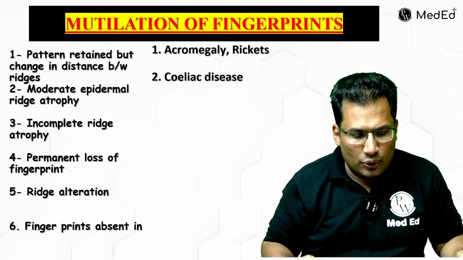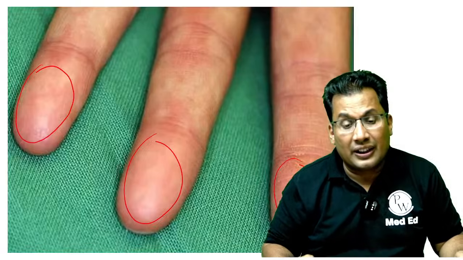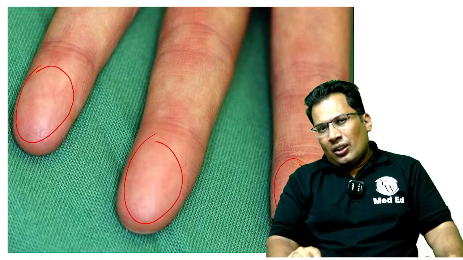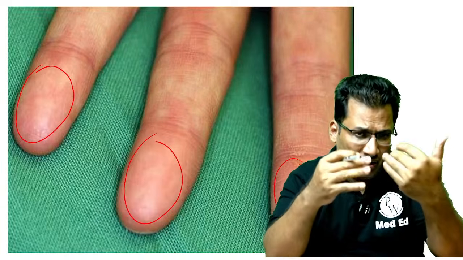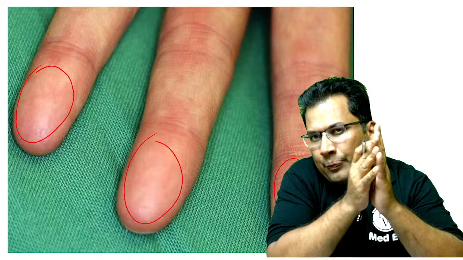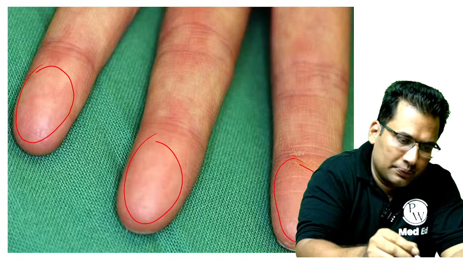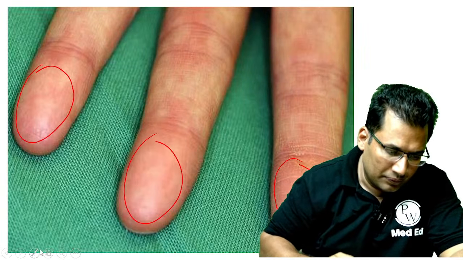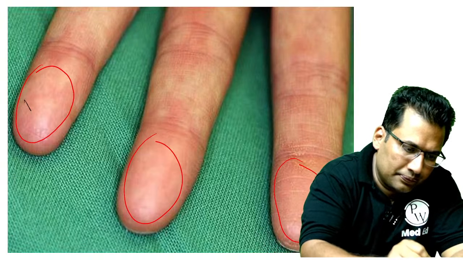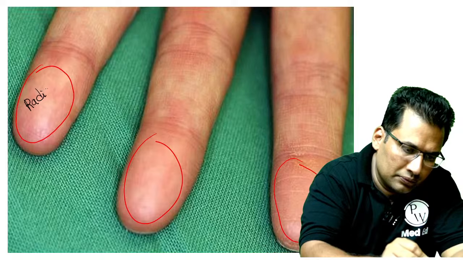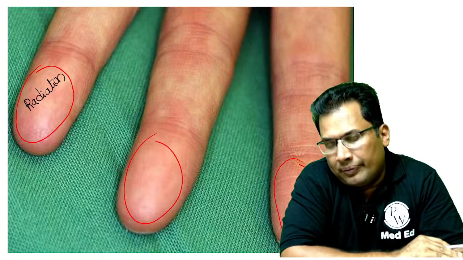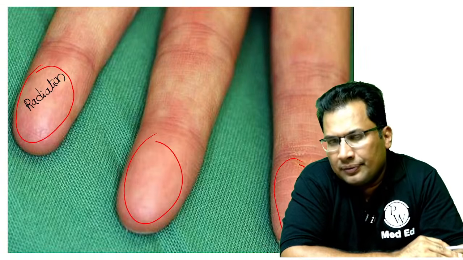So what are the conditions in which there is mutilation of fingerprint? No fingerprint at all, or permanent loss of fingerprint, is seen in these conditions. One is radiation injury, when fingers are exposed to ionizing radiation.